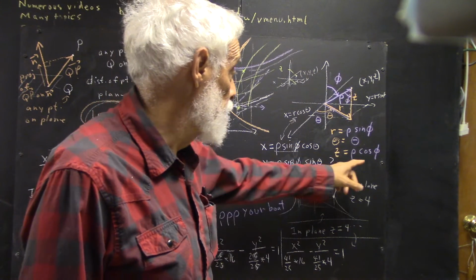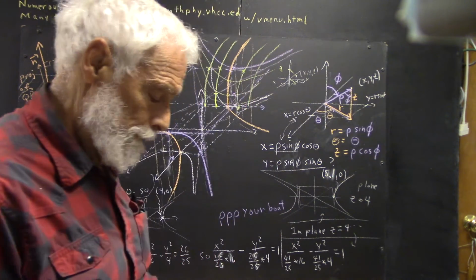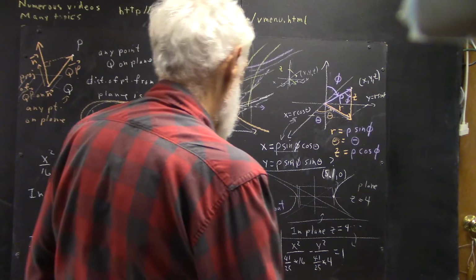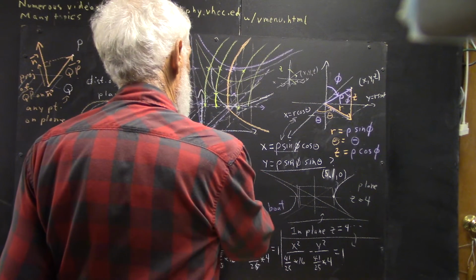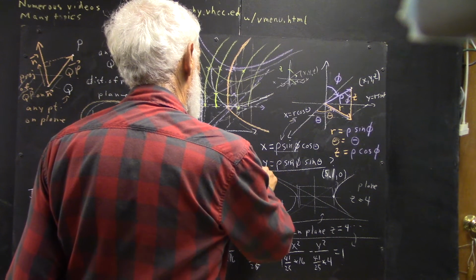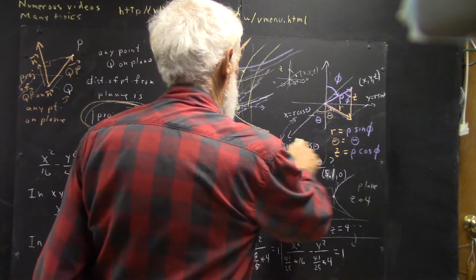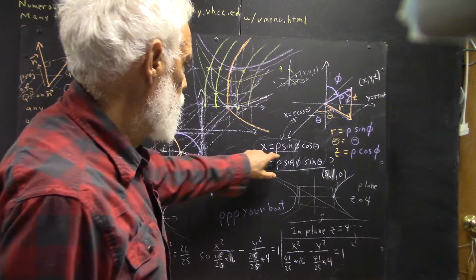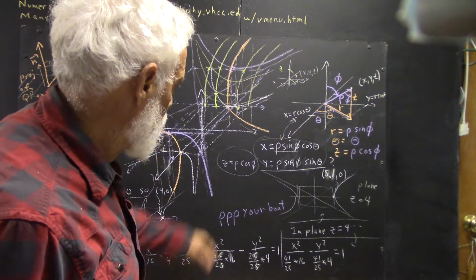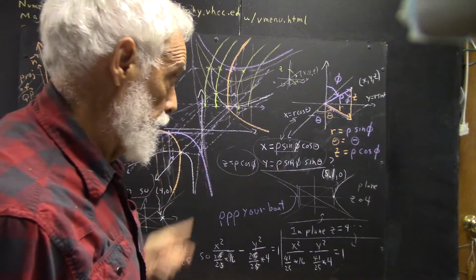And z is the same as it was here. z is rho cosine phi. I could have included that since I'm writing these in. Put these together, and this is our set of relationships between the xyz system and the rho theta phi system.